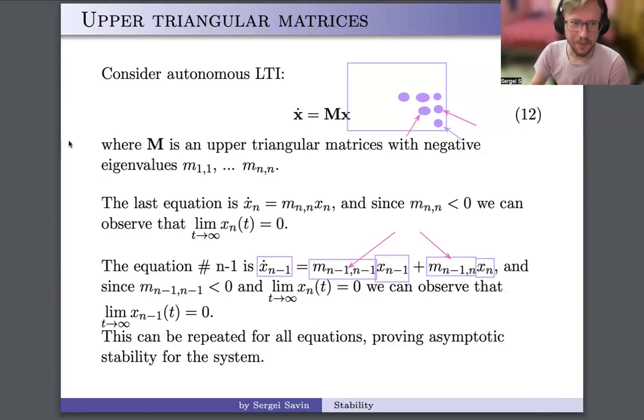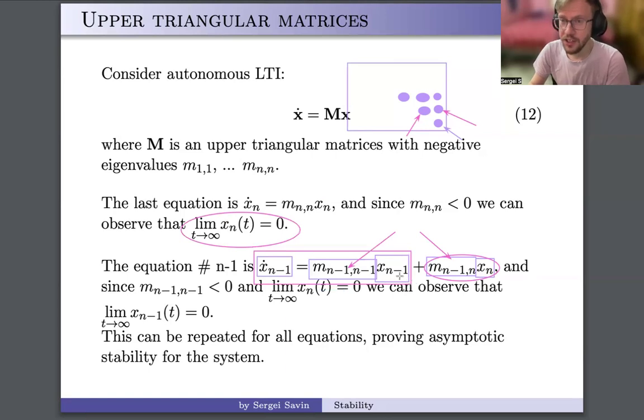But this equation depends on xn, and xn goes towards 0 as time goes to infinity. So as time goes to infinity, you can ignore this contribution because it's going to go to 0 anyway. So we only need to consider this part of the equation.